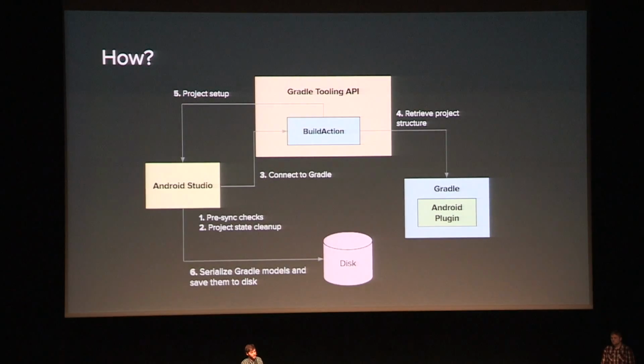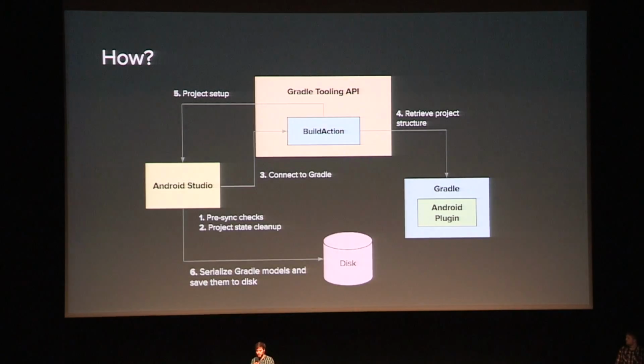And also we have other models, not only the Android model. We have Kotlin models and Java models and C++, etc. So this build action was a nice thing that they introduced a long time ago in 1.2, I think. And now we are able to just get everything we need in a single invocation. Not really, I'll talk about that later, but almost.